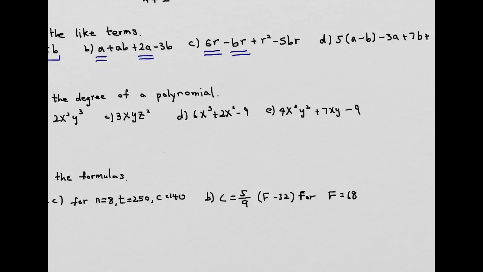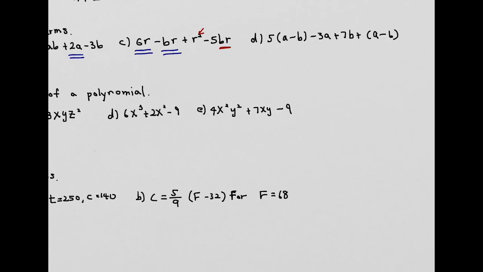This one is r squared. So if you have different exponents, that's not going to be like terms. And minus 5br, that's not a like term because you're looking at it as br, right? This is going to be br, not r. So that's not going to be a like term. And this is not a like term because of the square, right?